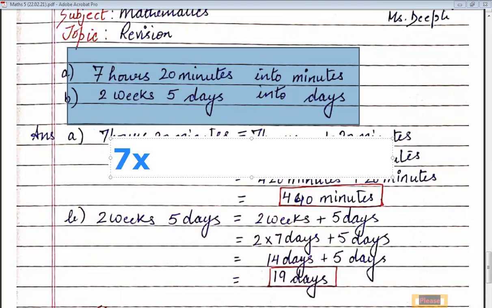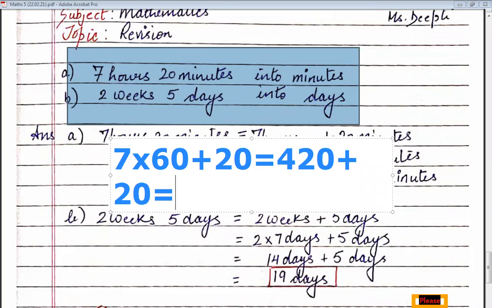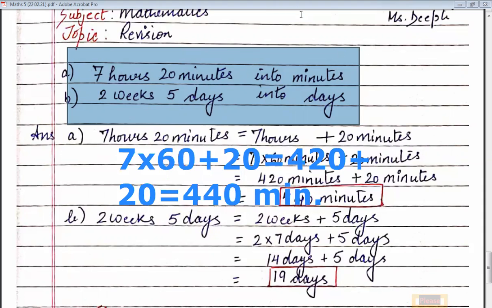So it means children, you have to multiply 7 with 60 and then you have to add 20 minutes more. So it's 7 into 60, 420 plus 20 more. So your final answer is 440 minutes. Okay, children. So this is your answer, 440 minutes.